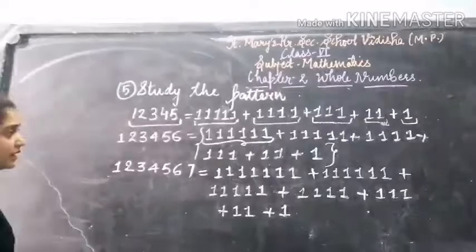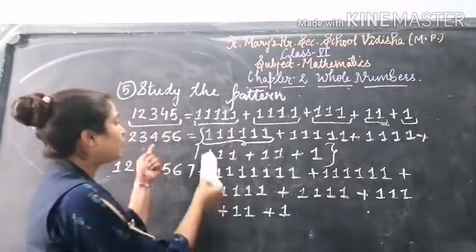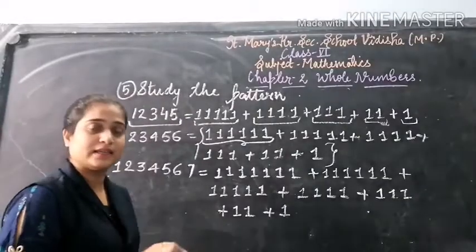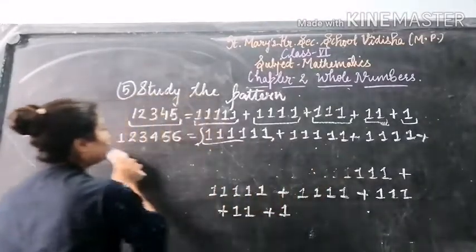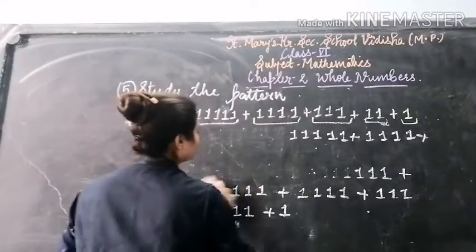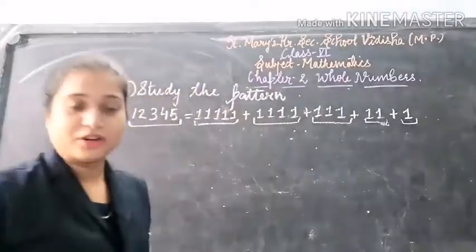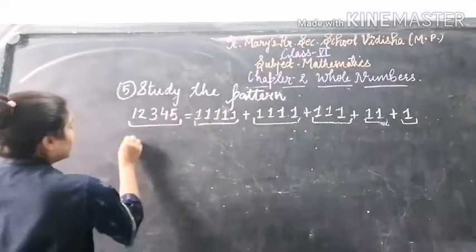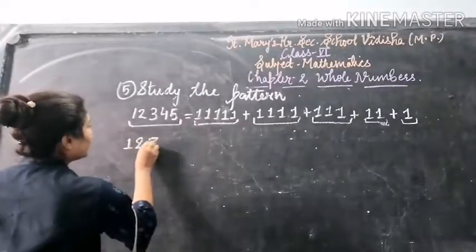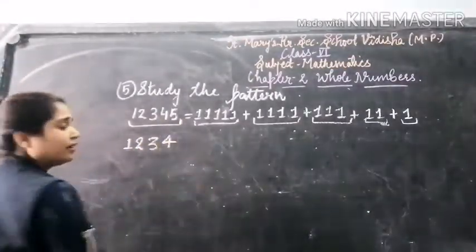Now let us see the same question in decreasing order. Here we have done it in increasing order. For decreasing order, we have to decrease this number. 1, 2, 3, 4, 5 was there, so we will write 1, 2, 3 and 4.